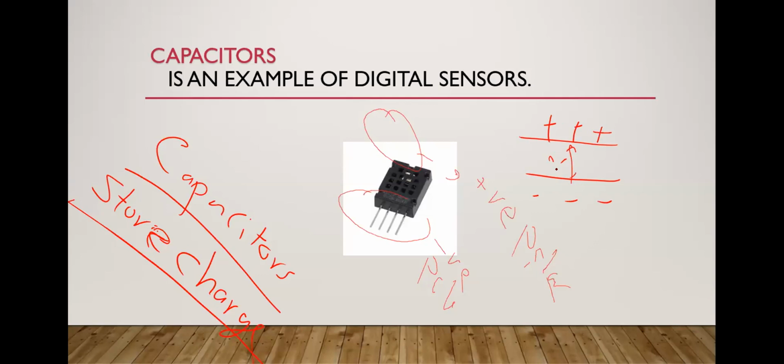This is the way a capacitor or digital sensor works, by creating induced charges between two different sides, and these charges will be accumulated.